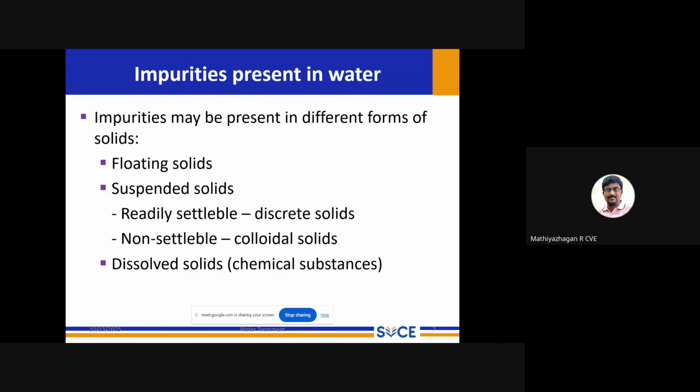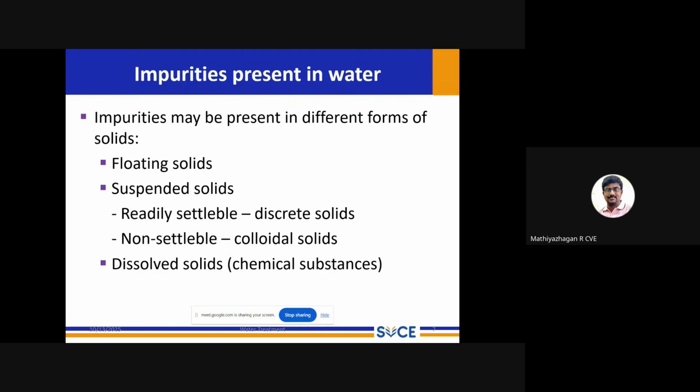In the form of solids, the raw water contains floatable solids. A lot of plastic, cloths, leaves, branches, whatever things are floating in the water, those kinds of impurities are called floating solids.